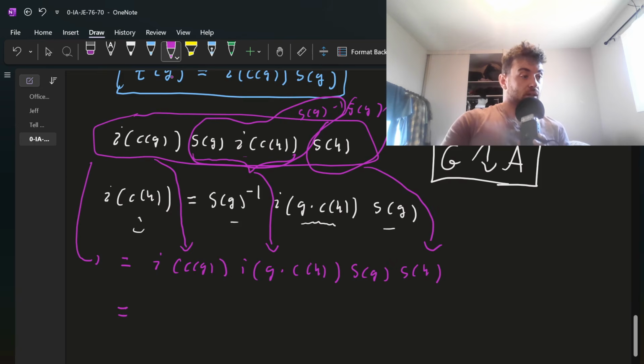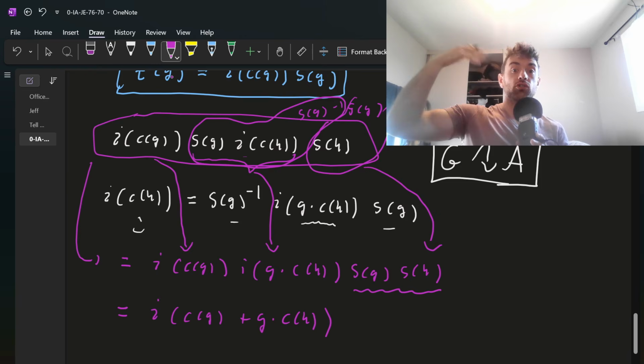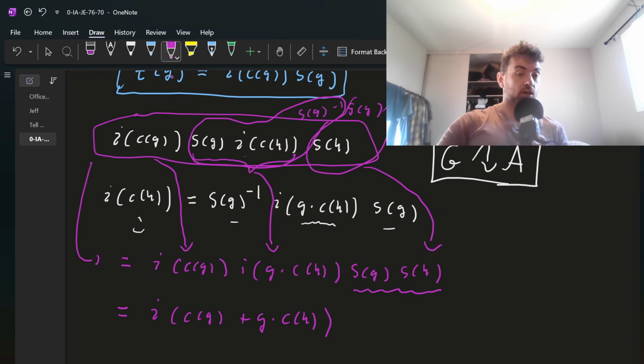Now, rewriting this further, what do I have? Well, i is a homomorphism. So I know that this is i of c of g plus g dot c of h. That's all one term. And remember how the function f was defined in terms of the section.